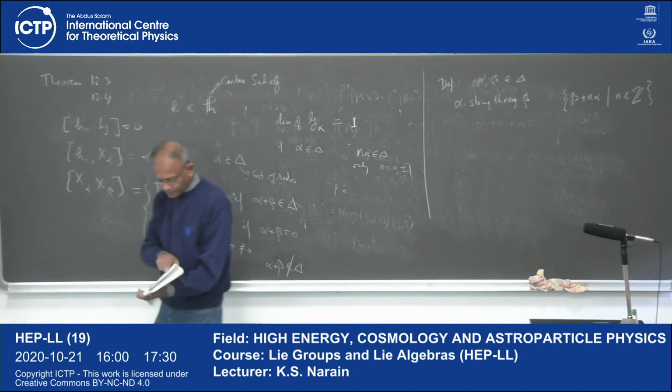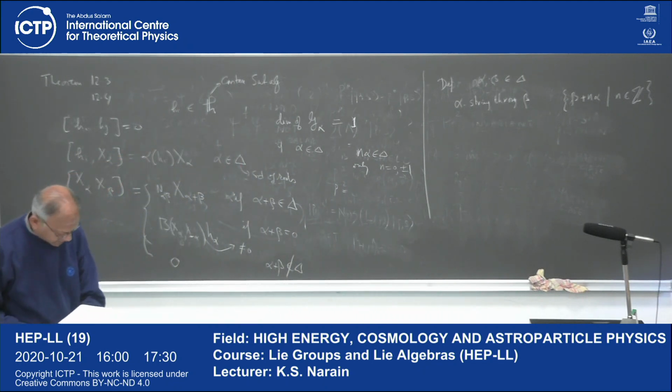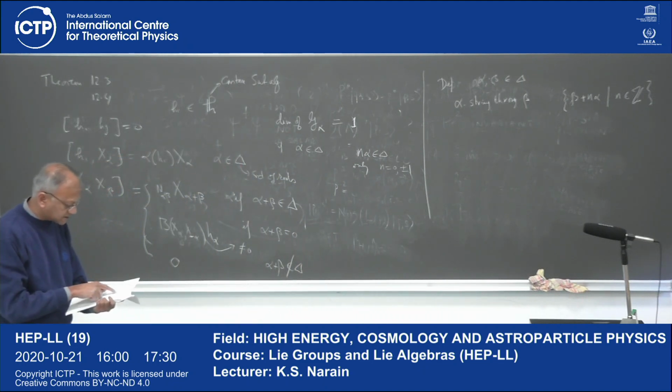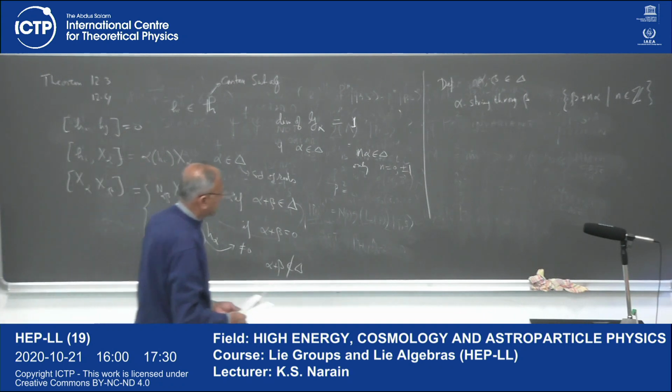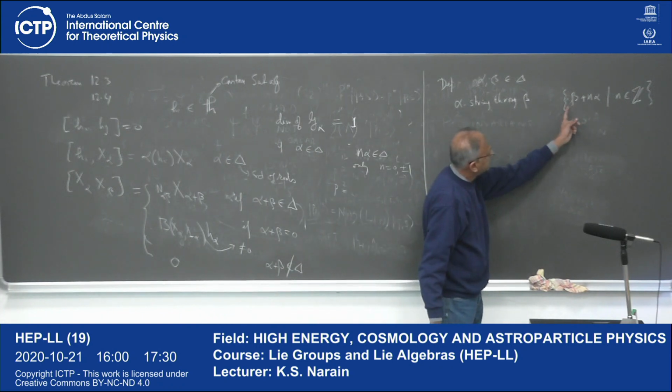We used it already in one of the proofs, I think the second or the last theorem. We considered this string beta plus n alpha. What is the meaning of this?